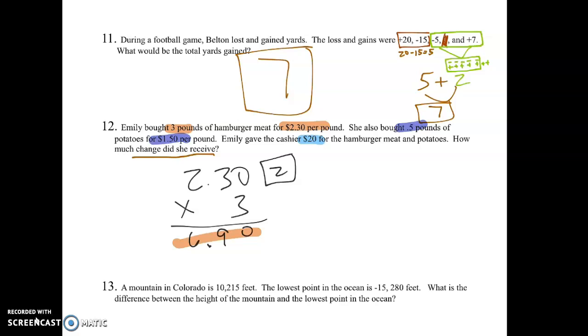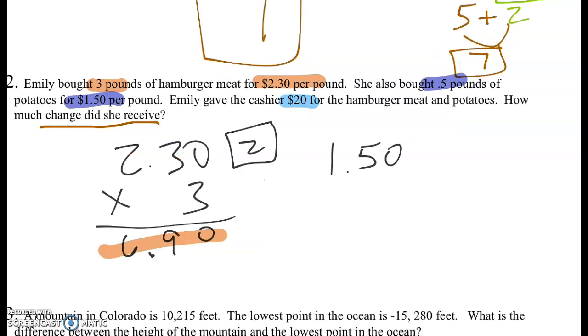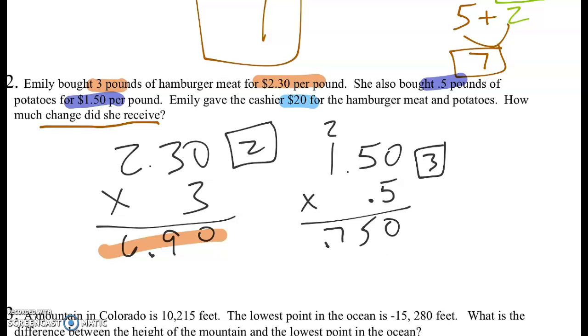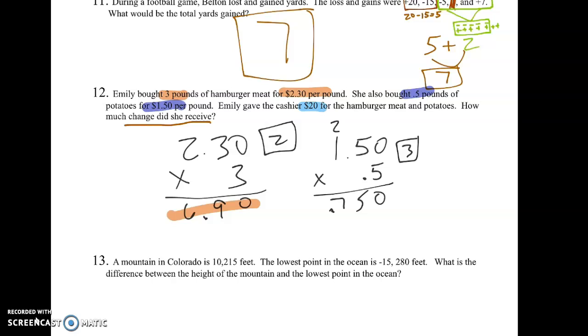And then a half a pound, or 5/10 of a pound, which is a half. 5/10 of a pound for $1.50. 150 times 5/10. 5 times 0 is 0. 5 times 5 is 25. 5 times 1 is 5, 6, 7. 75 cents for the potatoes.